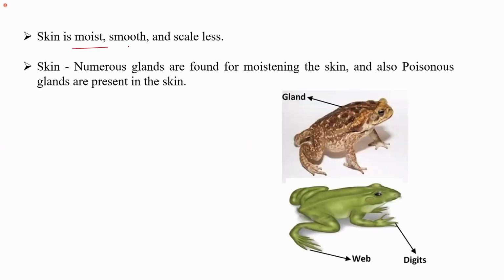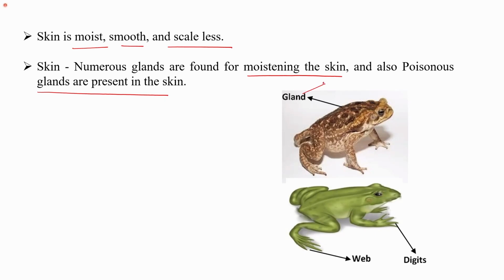Skin is moist, smooth and scaleless, while in the case of class Pisces, the skin has scales. Skin has numerous glands for moistening the skin. They sometimes also possess poisonous glands on the skin.